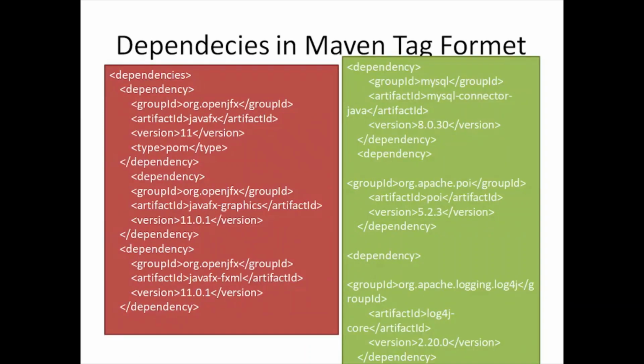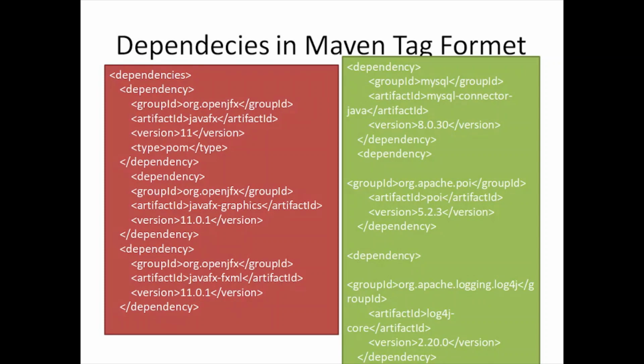For an easier way of making this software understandable, I have listed out the dependencies in POM format. Under dependencies, these are the unique dependencies. This is group ID org.openjfx, and here we have used JavaFX version 11 as we are using Java 11.